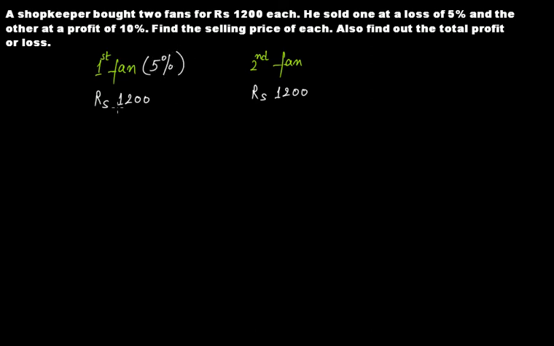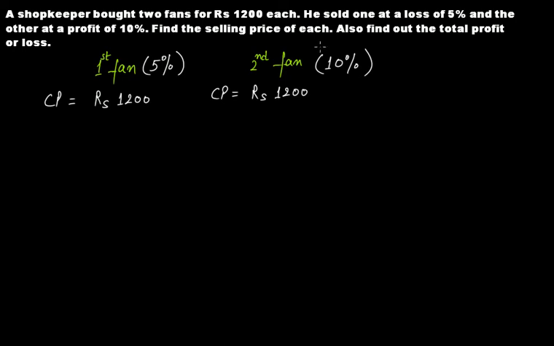So this is the cost price of this fan, and this is the cost price of this second fan. And the other one you sell at a profit of 10%. So let this be the one that you sell at 10%. Okay, so find the selling price of each.